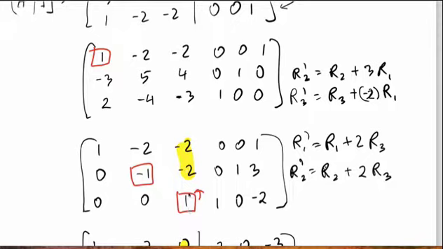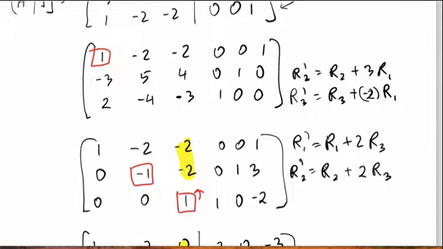So we go to the next row, third row, and the third column. There we have a last pivot, and now from here we are going backward, up, and we make the entries above it 0. So for this, what we need is that the new second row is the second row plus 2 times the third row.